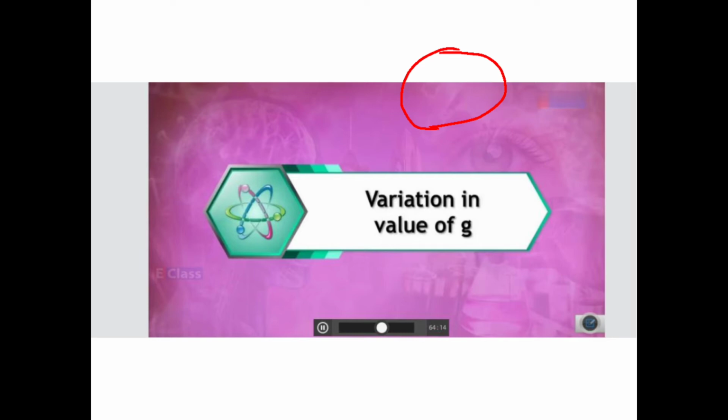So the value of G changes. The value of G changes because when you are taking the radius part, यहाँ पे ये जो radius है वो छोटा होगा, and here it will be more. Correct? So the value will change, and accordingly we will do it. So let us understand about it.